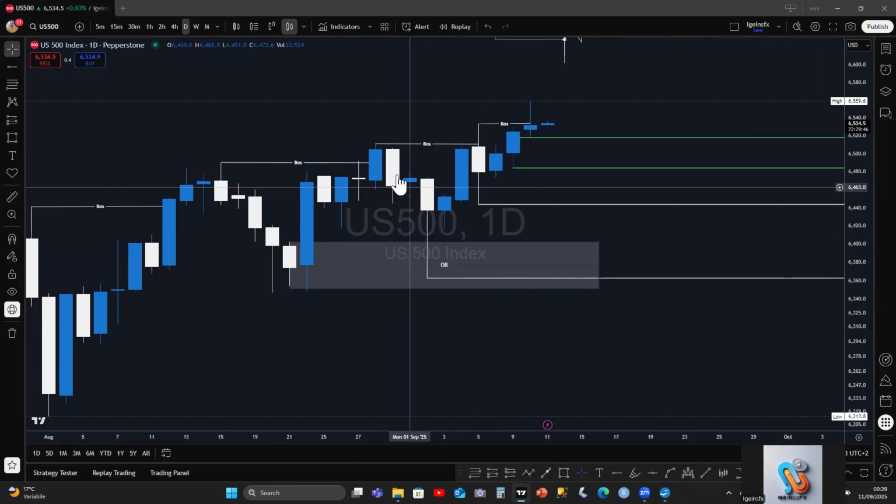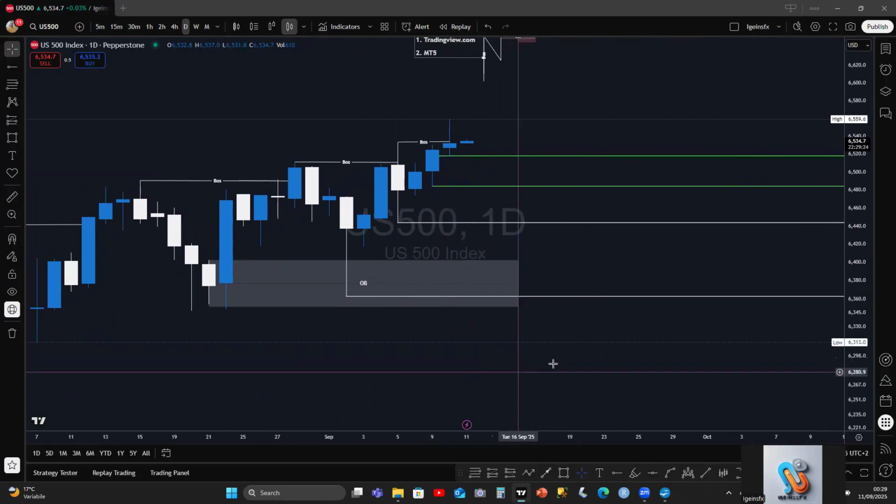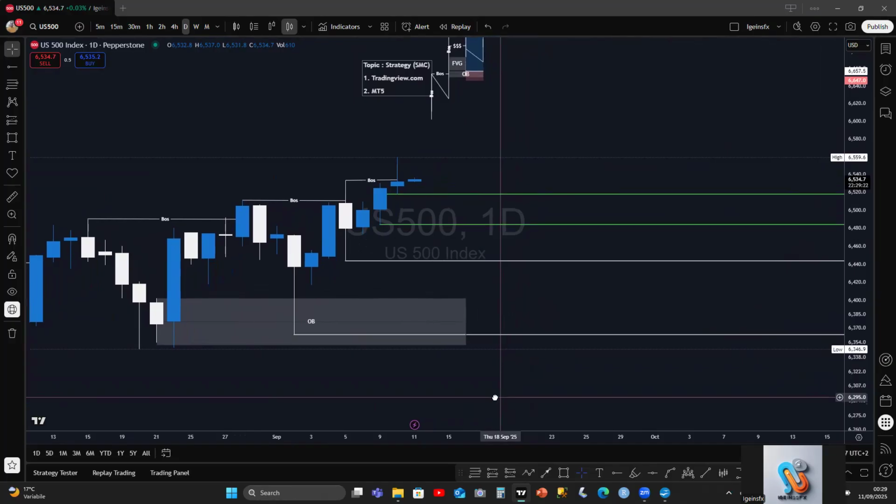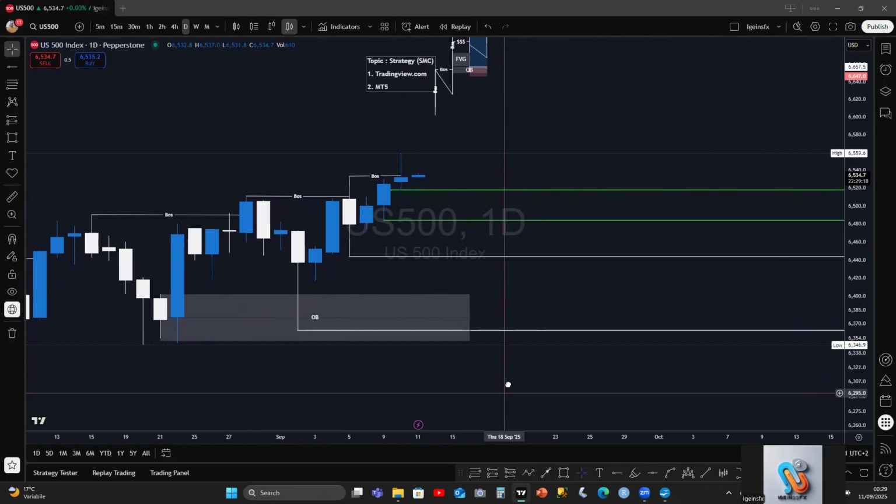All right, when price is pulling back to your POI, your point of interest, close to your order block, you can set your alarm. Once price gets there, it will trigger your alarm so that you can come and look at the trade and know the level where the price has got to.